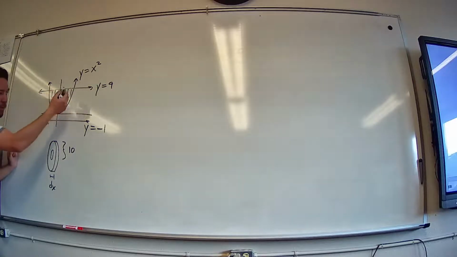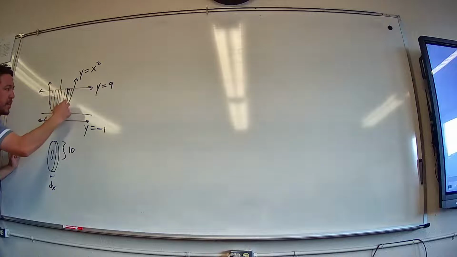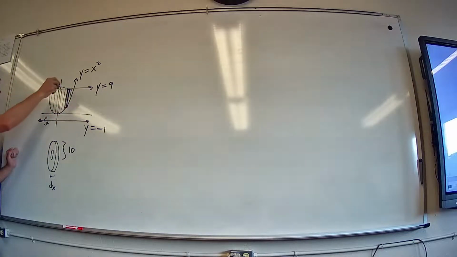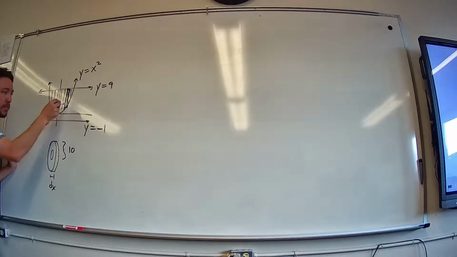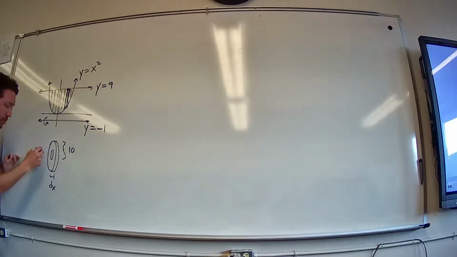It's the same logic when I take an arbitrary slice like right here. The outer part, when it swings around, is always 10 units away from the axis of rotation, but how about this point? Well, it's this y value, which is x squared, plus 1. So the inner radius is x squared plus 1. Do we feel okay about that? Yes.